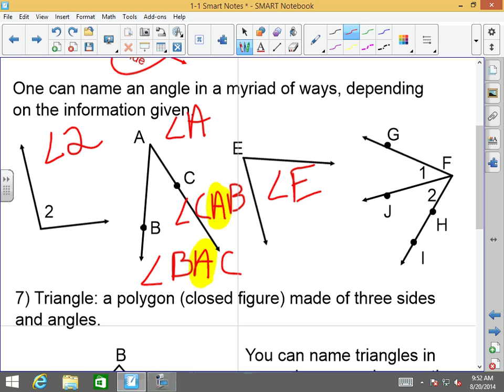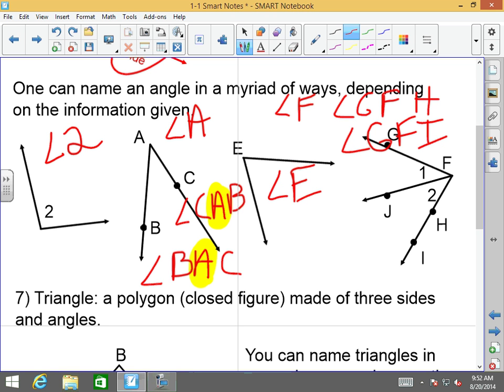If you're talking about the whole entire main vertex, the biggest angle that is formed from the ray GF, which is this guy, and FI, which is that guy, if you look at it only from those two, we can call this angle F or angle GFH or angle GFI, correct?